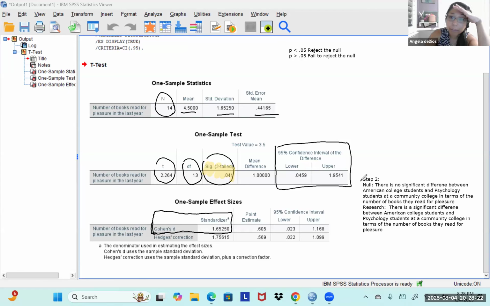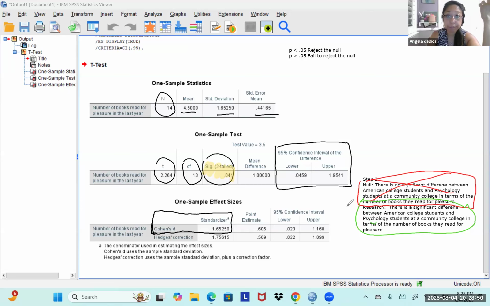The null hypothesis is that there is no significant difference between American college students and psychology students at a community college in terms of the number of books they read for pleasure. Well, I reject you. So the research hypothesis is probably true. That's what we find support for.